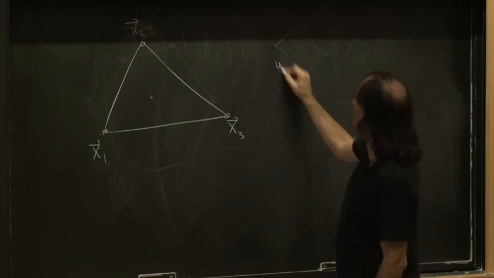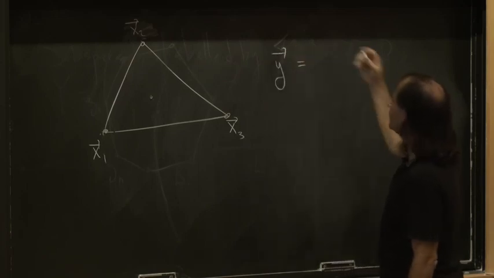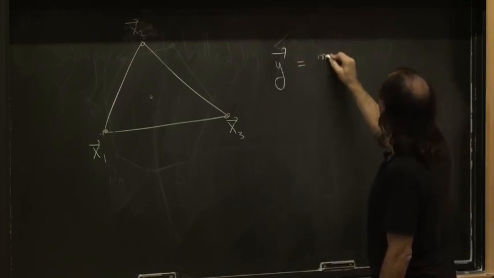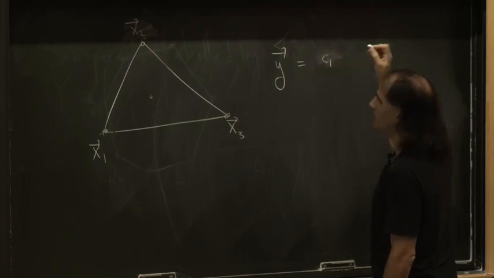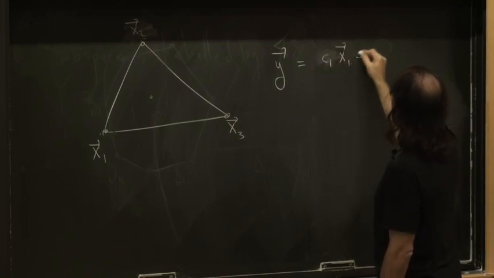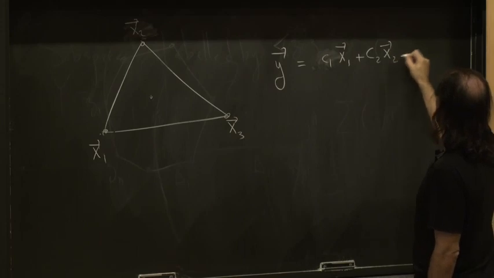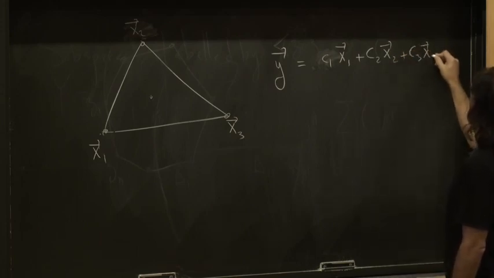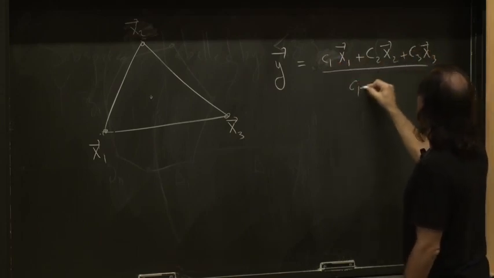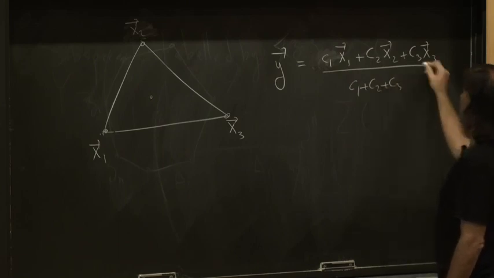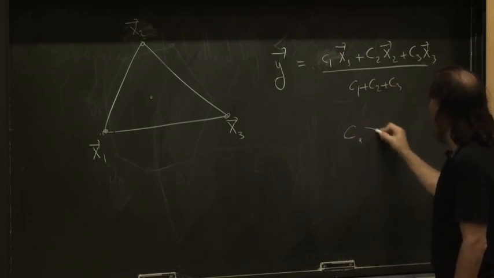So what do all the points inside look like? y equals, I'll be calling them c's for a variety of reasons, c1x1 plus c2x2 plus c3x3 over c1 plus c2 plus c3. And it's very important here that all these c's are positive.